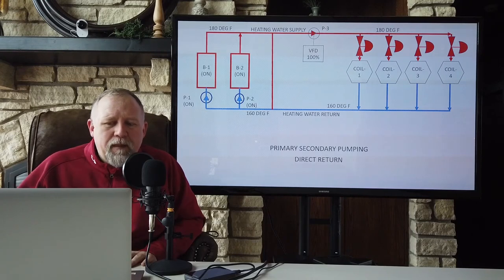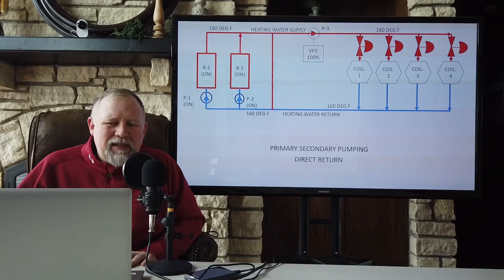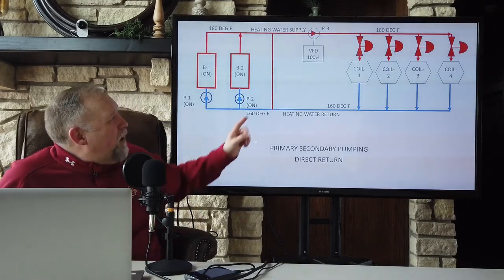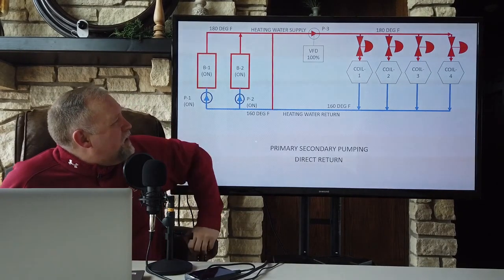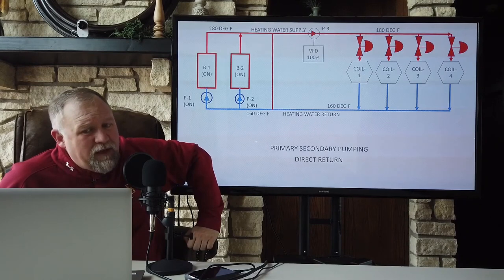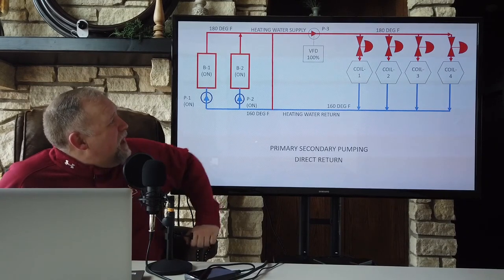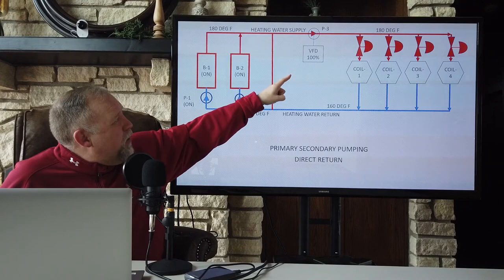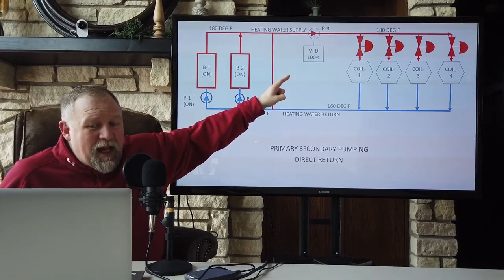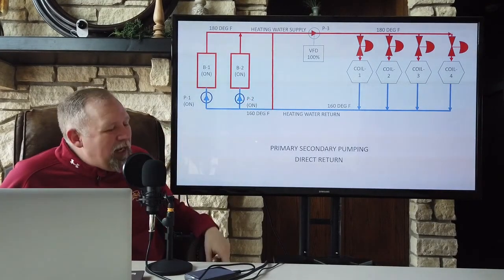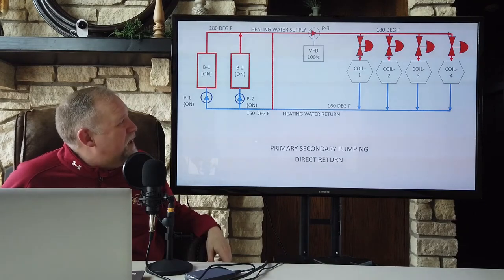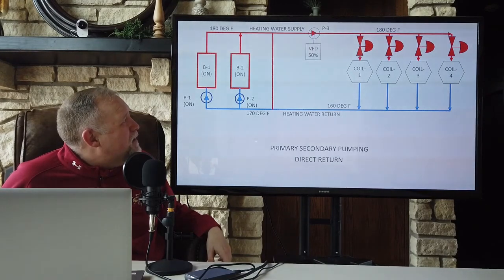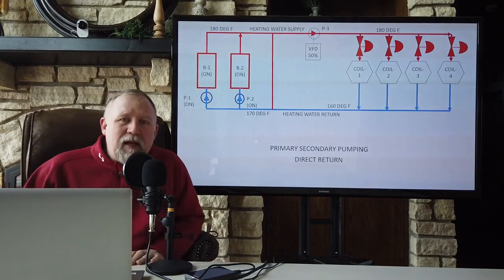All right. Now, what did this primary, secondary system get us? Well, in all honesty, how much time are we going to spend at 100% flow on that VFD? If this is a large 100 horsepower motor, that's a lot of energy, but we are rarely going to need 100% of that pumping capacity. Let's go back down to 50% capacity.